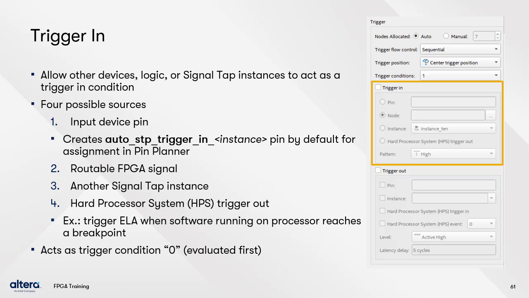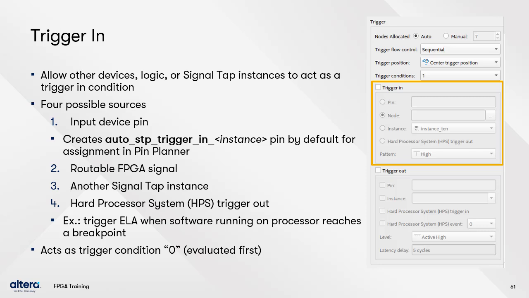The logic analyzer can interface with other components or external devices. With the trigger in option, an external signal can be fed into the logic analyzer to act as a trigger condition. This signal can come from an I/O pin set in the pin planner, another instance of the ELA, an internal signal node, or the hard processor system of an SoC device.